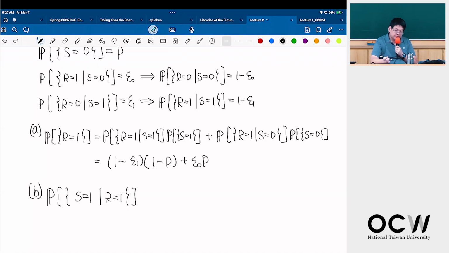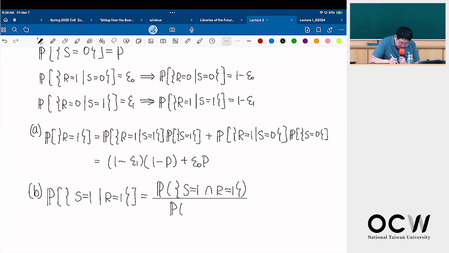Okay. Conditional probability: two events, A given B. So I have A intersect B divided by probability of B.